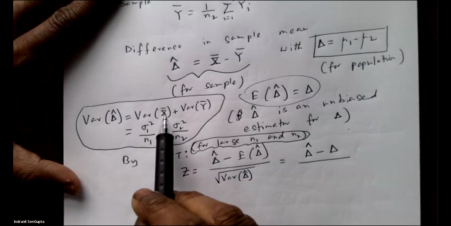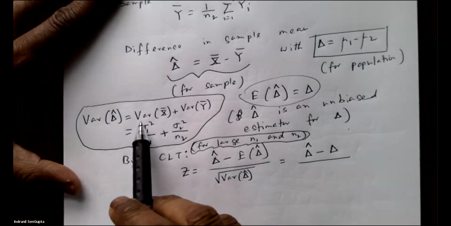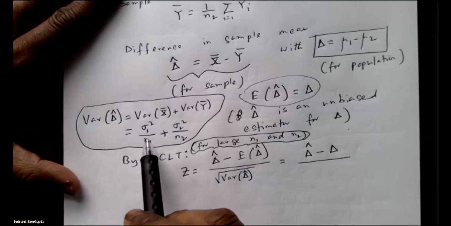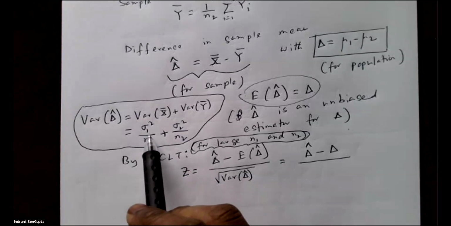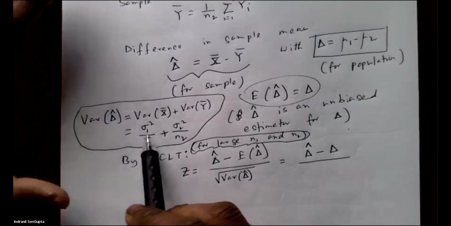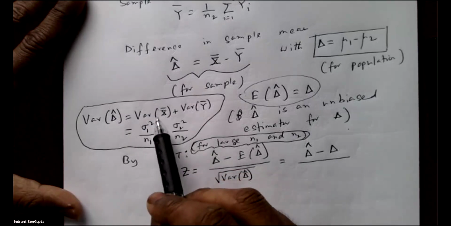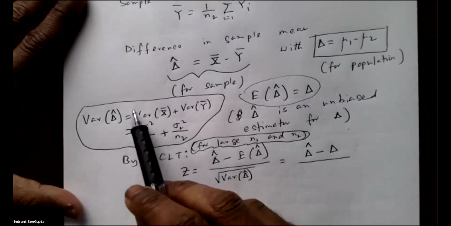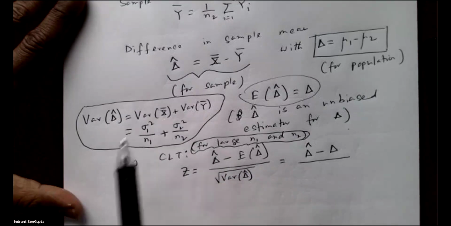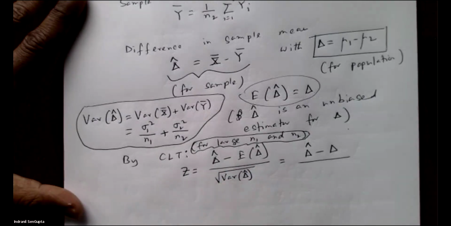I'm talking about the variance of x bar. Sample variance we typically wrote as s squared, right? So the sample variance is different. This is the variance of x bar that we are talking about here.